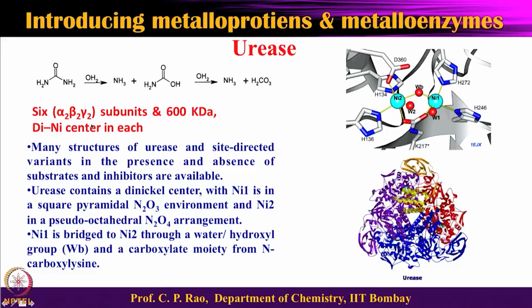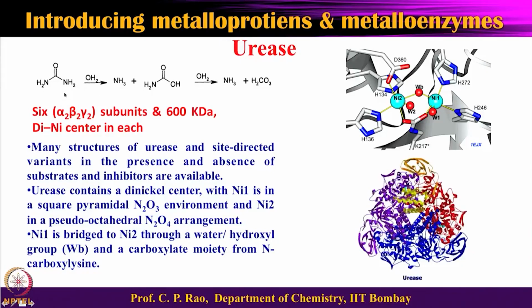So, that means it is a dimer of a trimeric subunit. And this has a huge molecular weight of about 600 kilodalton, and of course, there is a di-nickel center in each of these. So, there are 6 subunits and there are 6 dinuclear centers.